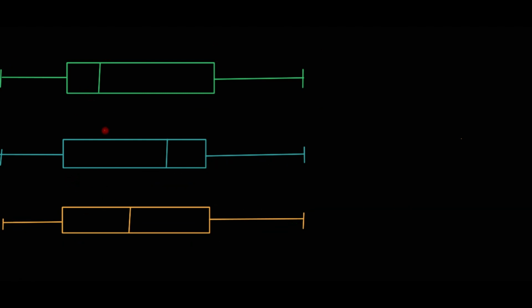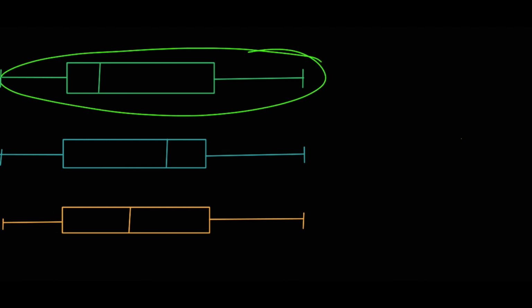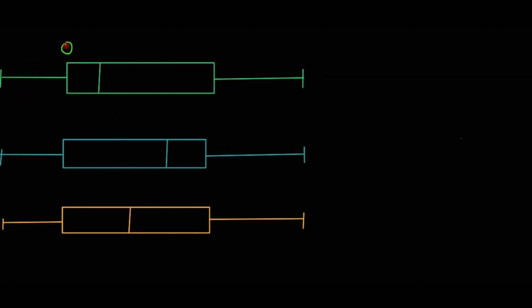Let's say you drew your box and whisker diagram, and then it gives you this shape. Remember already this is Q1, Q2 and Q3. When you look here you can see that the distance between Q2 and Q3 is greater than the distance between Q1 and Q2.